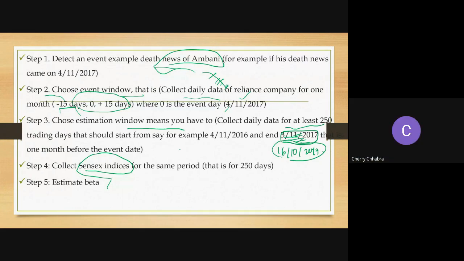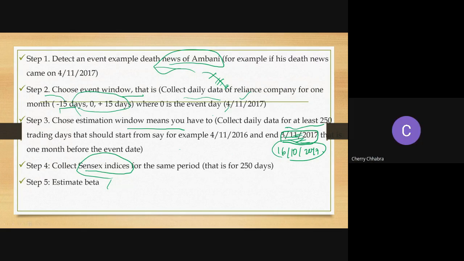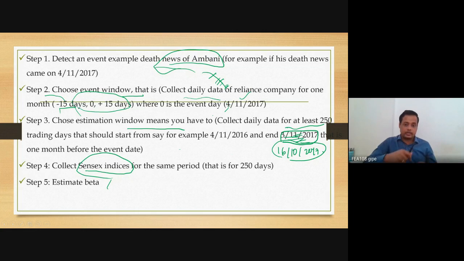Is the estimation period after the event in November or before the event? Before the event. The estimation period is before the event. So from the event you just deduct 15 trading days, and then you consider whatever is coming previously.